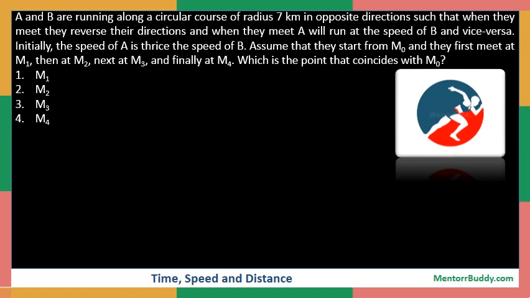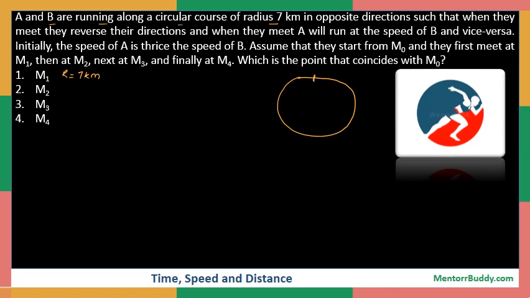Now, because this is a circular track question, let us draw a circular track where A and B are running along a circular track of radius 7 kilometers in opposite directions.